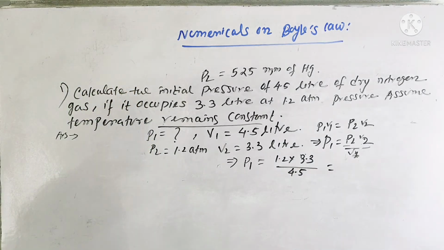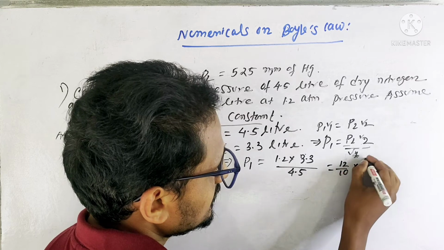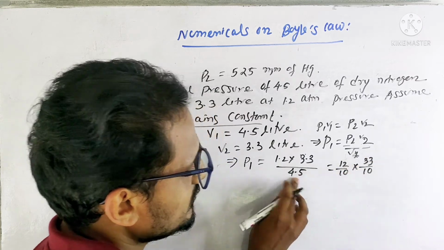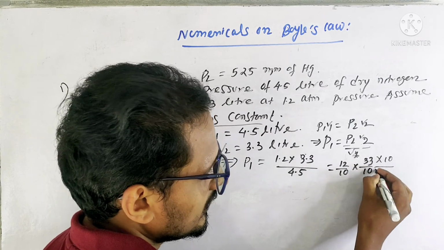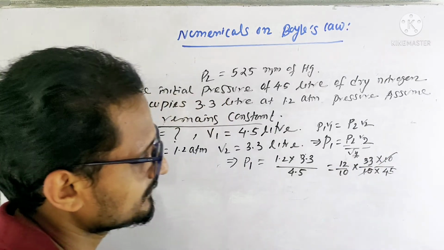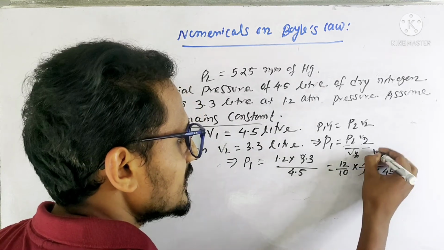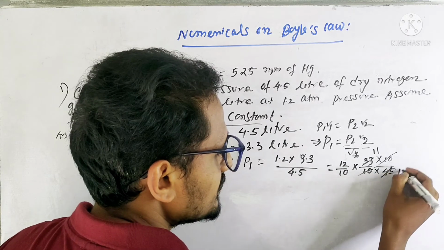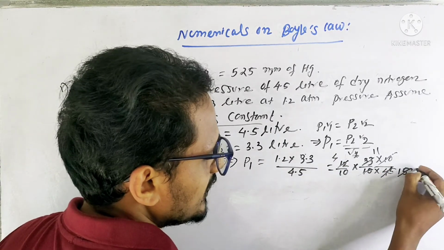Simple calculation: 12 by 10 into 33 by 10, divided by 45 by 10. The 10s will be cancelled out. Then 3 elevens are 33, 3 fifteens are 45, 3 fours are 12, 3 fives are 15.